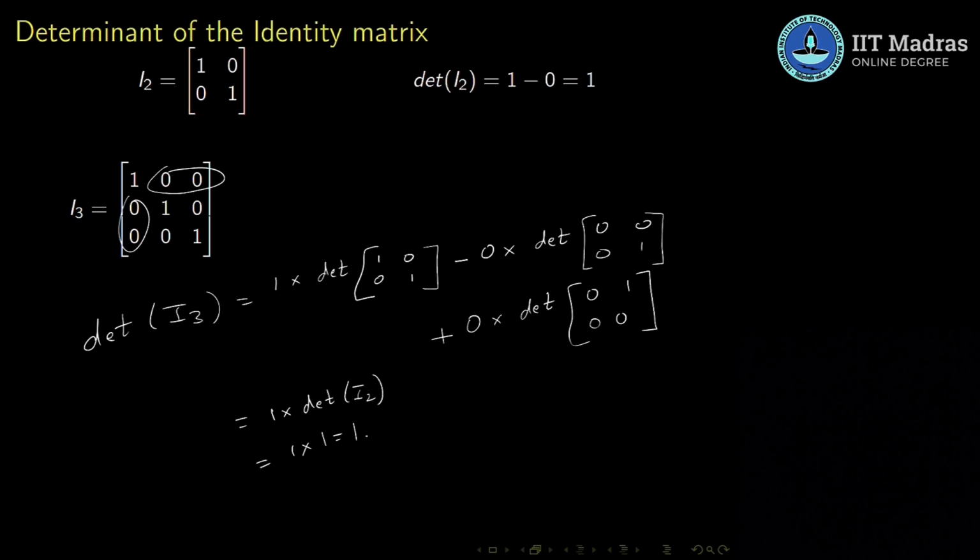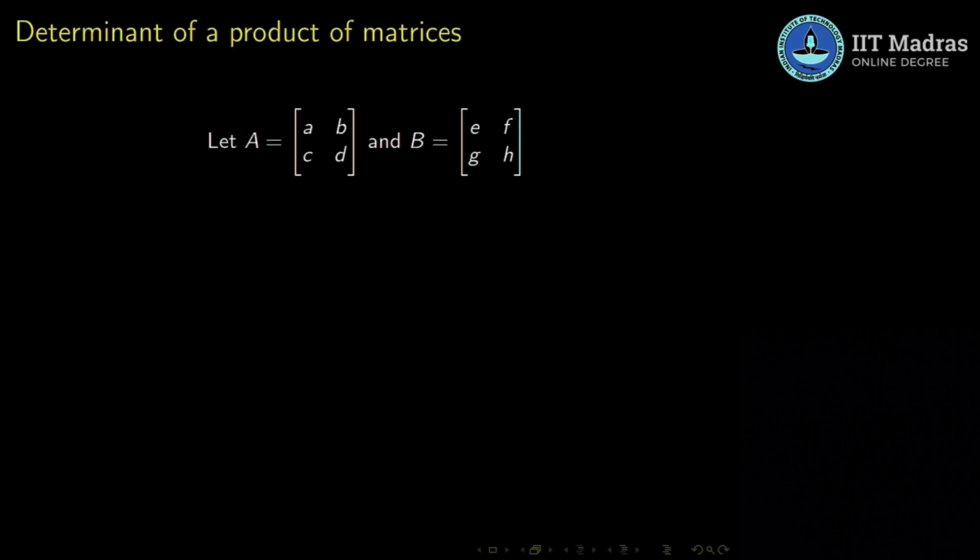Fine. So, let us look at some properties of the determinant. Just to recall, we know the determinant of a 1 by 1 matrix, of a 2 by 2 matrix and of a 3 by 3 matrix. So, suppose we have a product of matrices. Let us say we have two 2 by 2 matrices A and B. So, A is a, b, c, d and B is e, f, g, h.